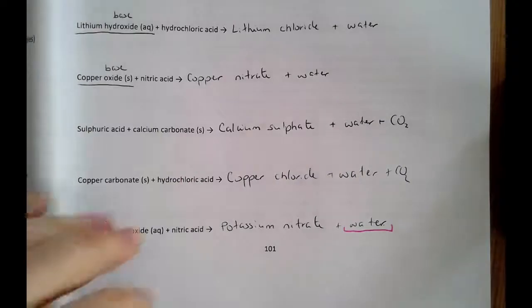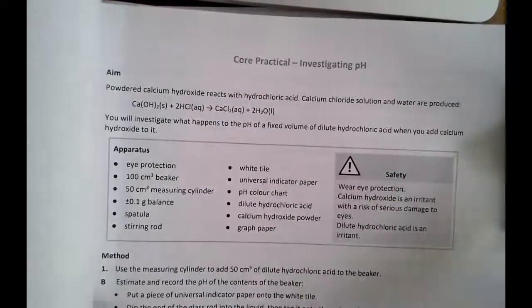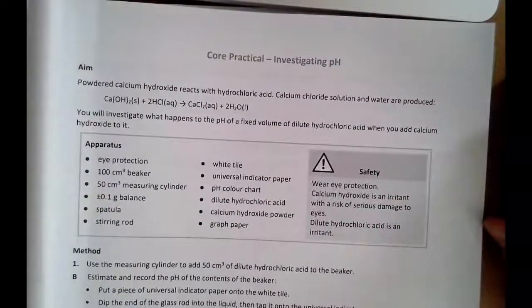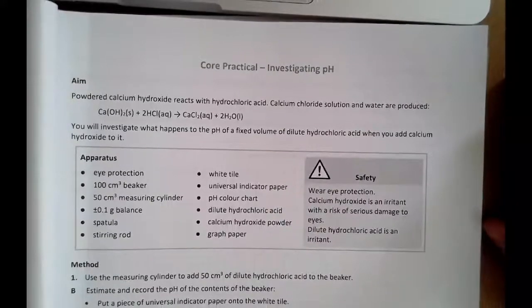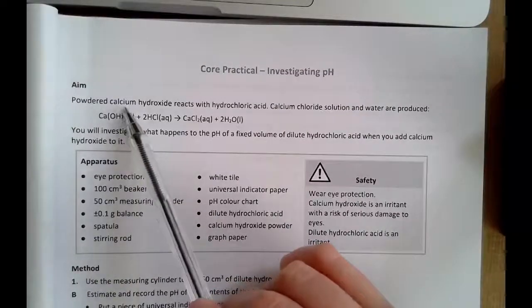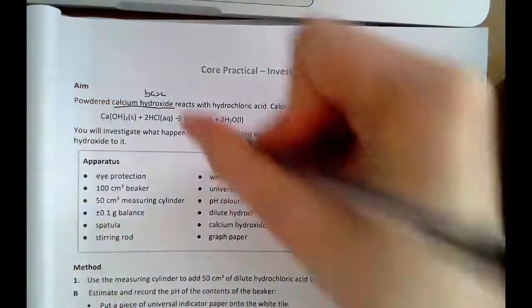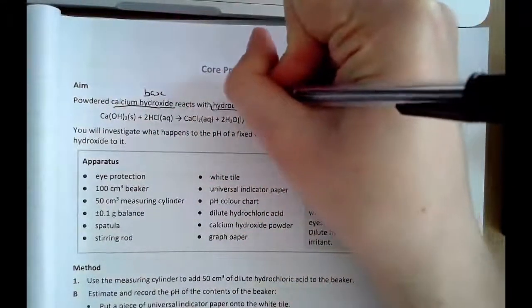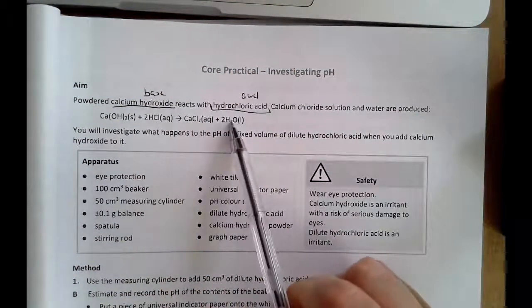Anytime you react an acid and a base, it's called a neutralization reaction as you are producing water. And there is a core practical where you are expected to investigate how pH changes during a neutralization reaction. In the reaction that they've got here, they take calcium hydroxide, it's a metal hydroxide, so it's a base, and they react it with hydrochloric acid, which is an acid, and they form a salt and water.